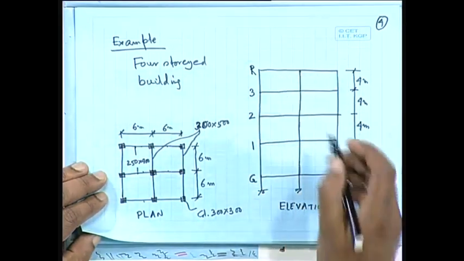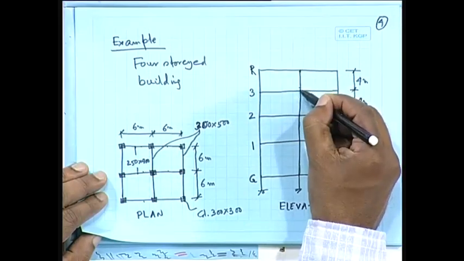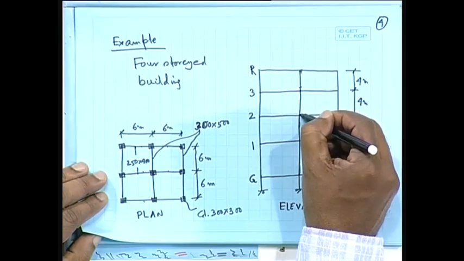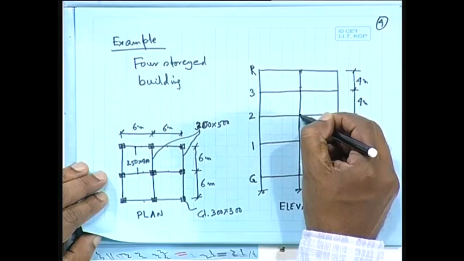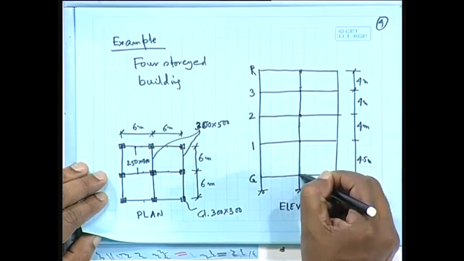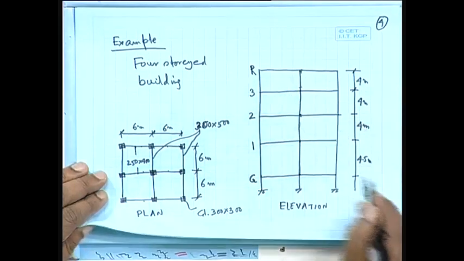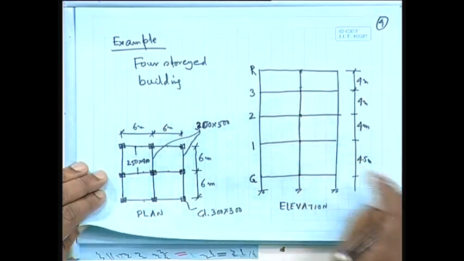So we have these floors. Roof to third floor means this one, third floor to second floor means this one, second floor to first floor means this one, and first floor to ground floor means this one. So we have those 4 columns, and the effective length will be different.